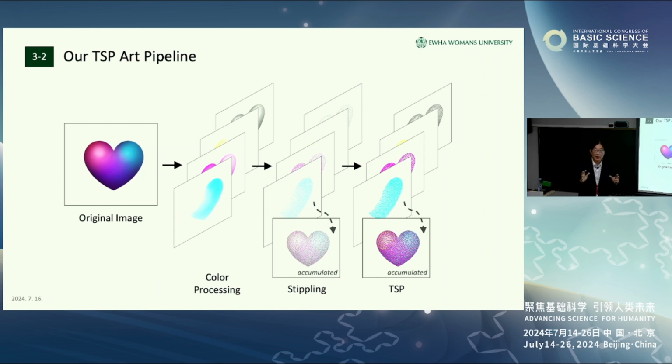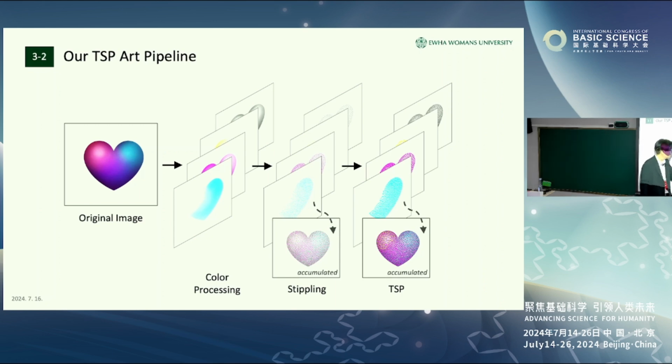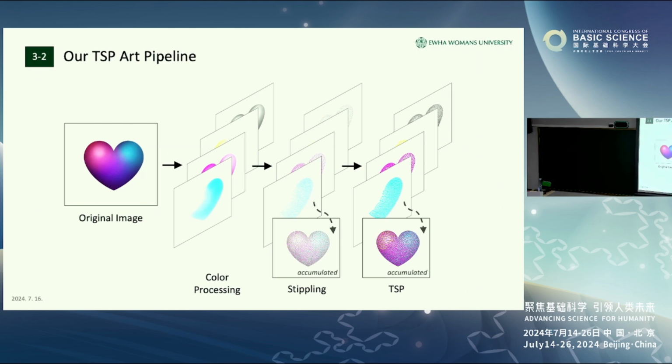In other words, the color space for robot drawing is limited, so you have to choose limited color channels to approximate the original color space. And for each color channel, we follow the same steps: approximating stippling points and generating the TSP lines for each color channel. Then we accumulate them, and we have the final one. So this is how we do it.